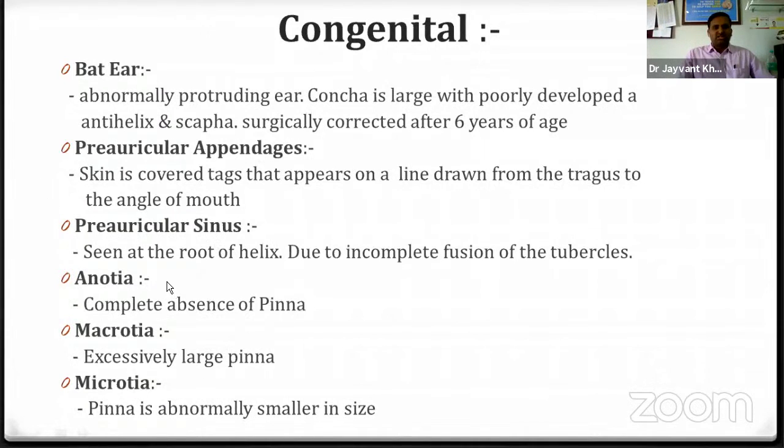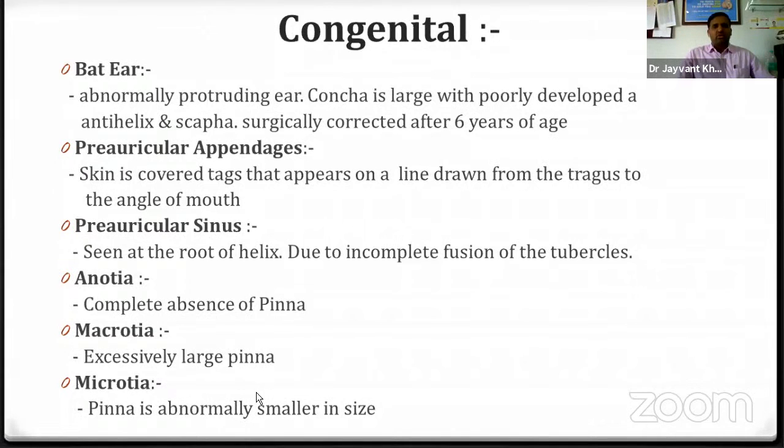Preauricular sinuses are seen at the root of the helix due to incomplete fusion of tubercles. Anotia means complete absence of the pinna. Macrotia means excessively large pinna, and microtia means the pinna is abnormally small in size.